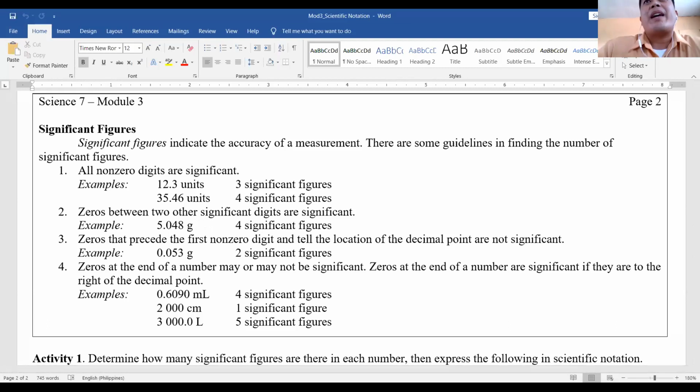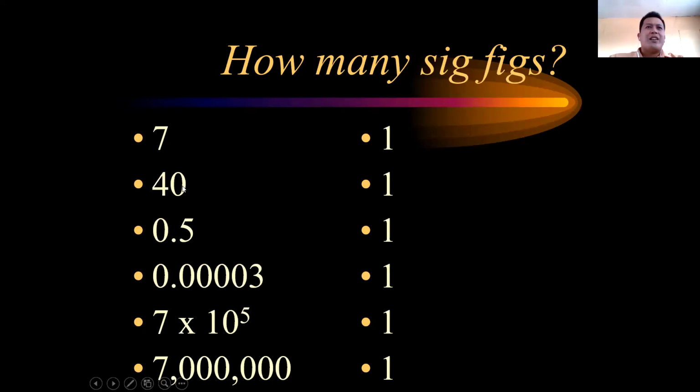When you compare that rule with the examples that I gave, class, this 0 in the number 40 is not in between any non-zero integer, nor the 0.5, nor the zeros located in the next numbers after 7. They are not in between a non-zero integer. So therefore, this is insignificant, and the only significant value here is the 7, the 4, and the likes.